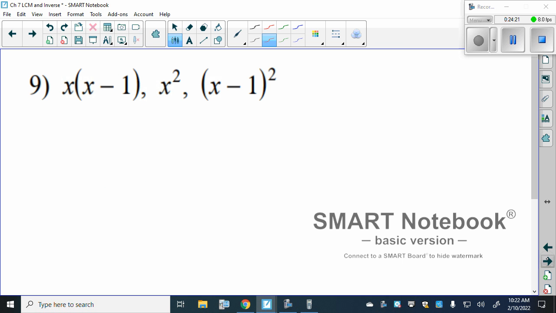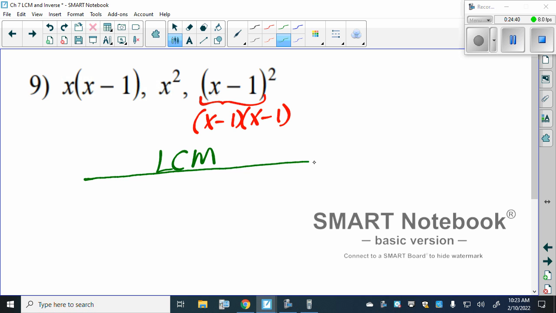Let's look at the next one here. So here we have x times x minus 1. We have x squared and x minus 1 squared. So as we just saw, x minus 1 squared is really just x minus 1 times x minus 1. So what are our terms for the least common multiple that we'll need?